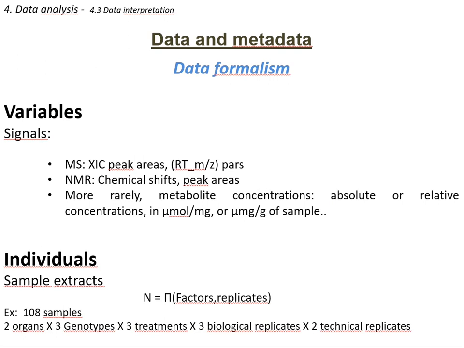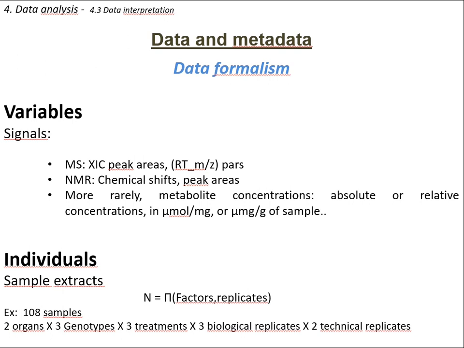So the signals in the variables, usually in mass spectrometry, are the extracted ion chromatogram peak area. So it is a pair of retention time and mass to charge ratio. In NMR, you will have chemical shifts and peak areas. So most of the time, it's peak areas because the idea is to quantify these compounds.